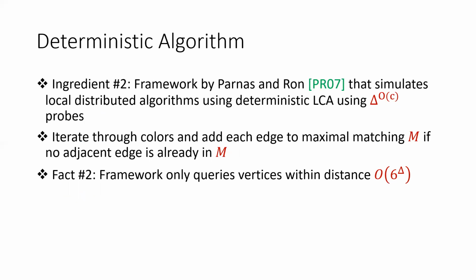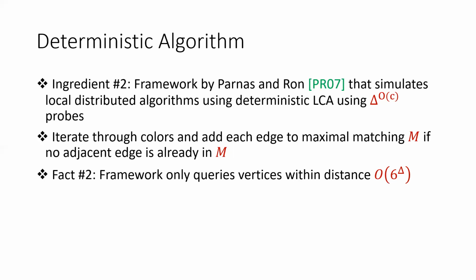The second ingredient that our deterministic algorithm will use is a framework by Parnas and Ron that simulates local distributed algorithms using deterministic LCAs with delta to O of C probes, where C is the number of colors that we use. The framework iterates through colors and adds each edge to a maximal matching if no adjacent edge is already in the matching.